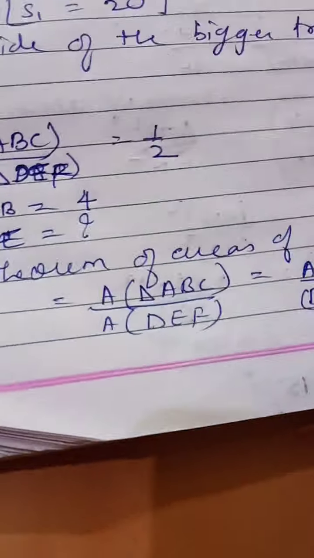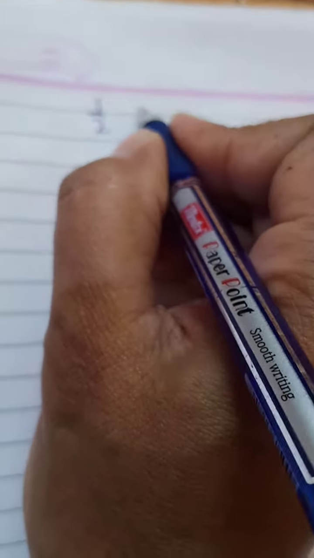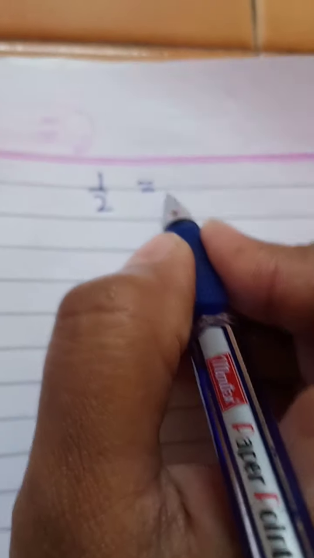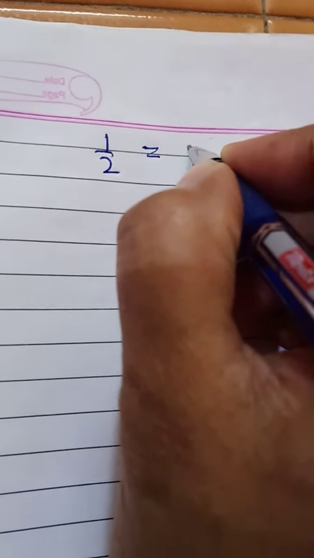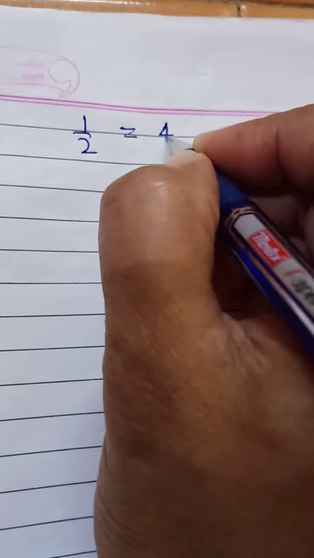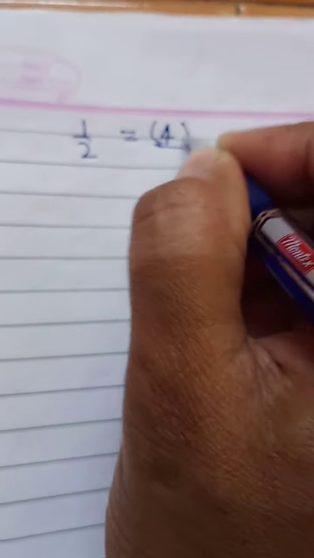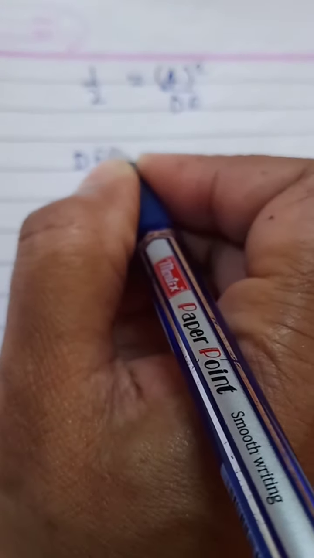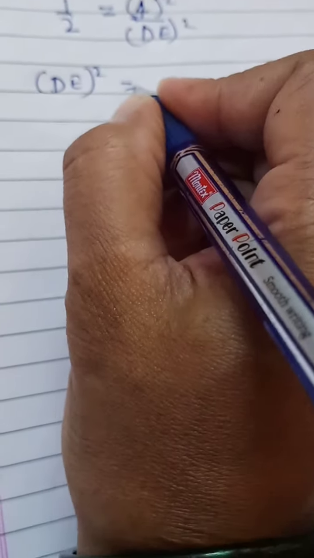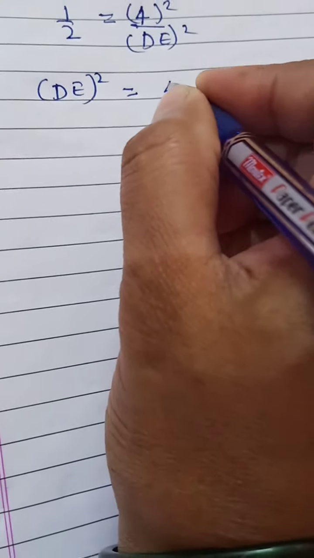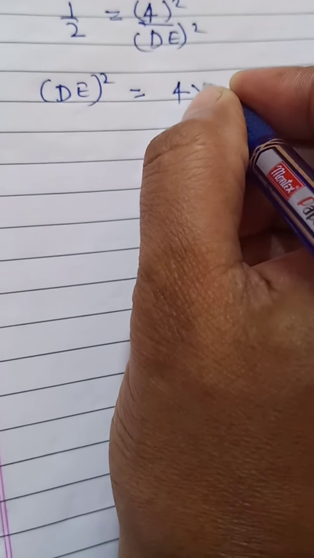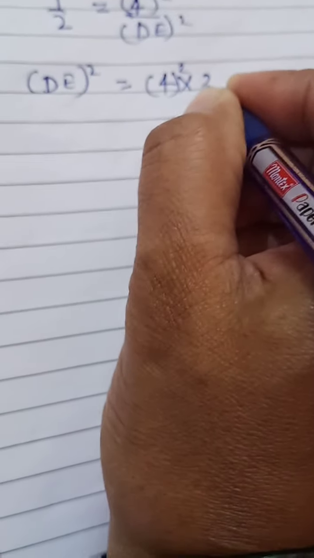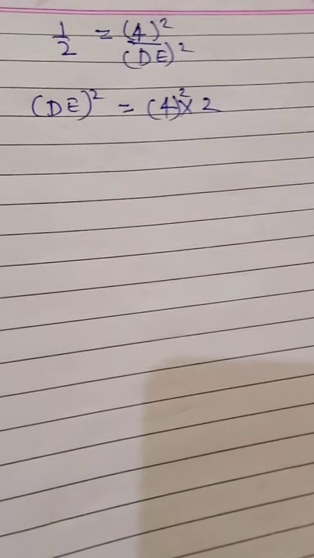Now this ratio is given: 1/2 is equal to 4 upon DE, squared. So DE square is equal to 4 square into 2.